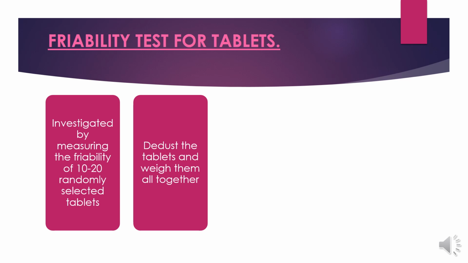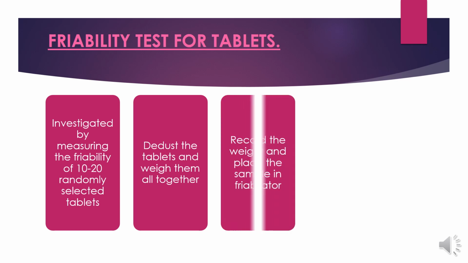Whether 10 or 20 tablets or whatever the number you have selected, you de-dust them, meaning you remove any sort of dust available on the tablets to avoid any confusion, and then you have to weigh them.